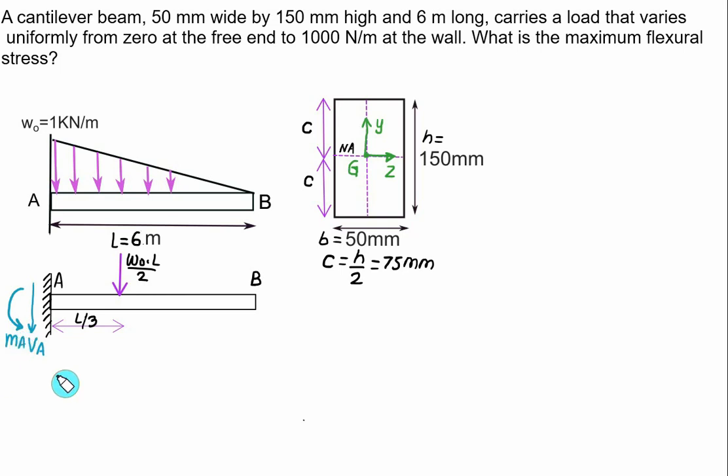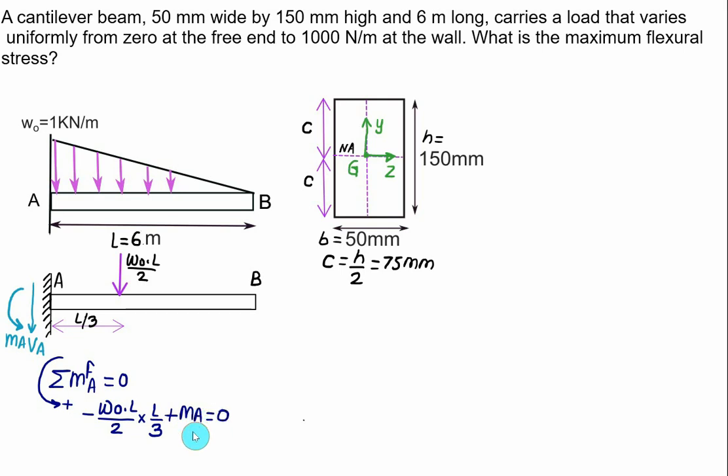To find out the bending moment at point A, we'll take the sum of moment of all forces about point A. Anti-clockwise moment we take as positive, and the sum must equal 0. The moment of W0 into L by 2 is clockwise, so negative. We have minus W0 into L by 2, and the distance is L by 3. Whereas the moment of MA we have shown is a positive value, so we have plus MA.